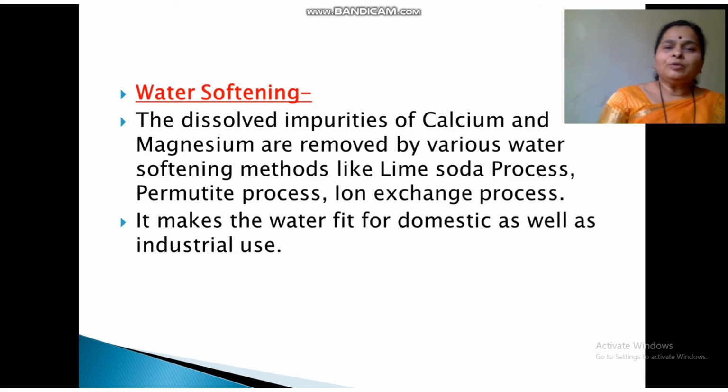The dissolved impurities of calcium and magnesium are removed by various water softening methods like the lime soda process, permutit process, and ion exchange process. These are the different methods which remove the calcium and magnesium salts, also sulfates and chlorides, from the water, which cause the hardness of water. It makes the water fit for domestic as well as industrial use.